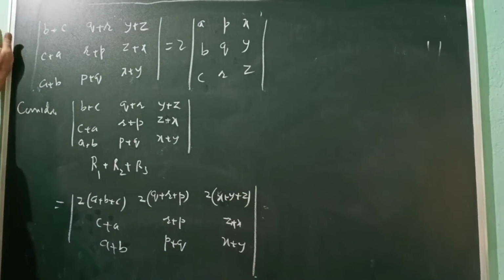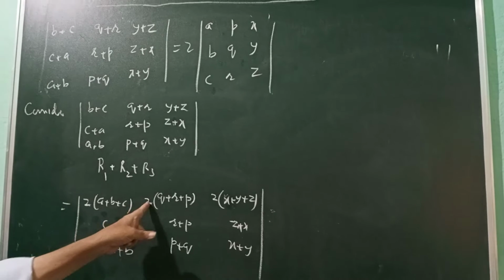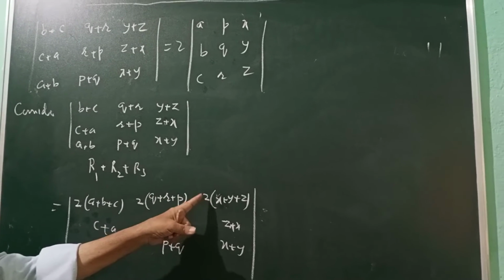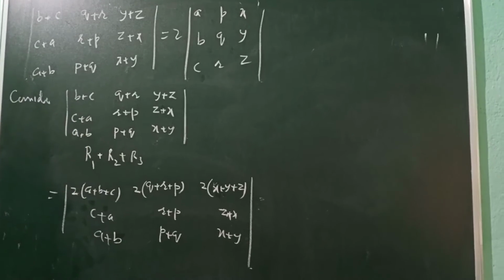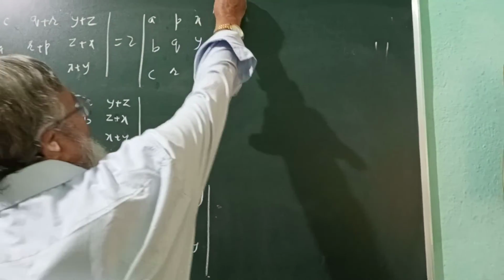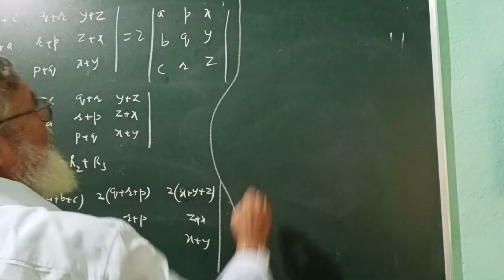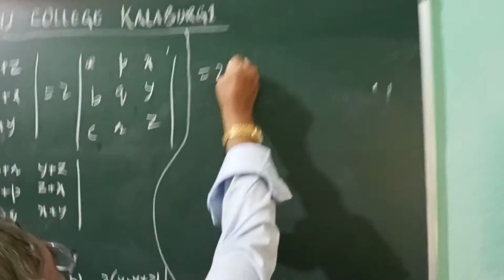Now by the property, if k is multiplied, here k is equal to 2, and 2 is multiplied to all elements of the first row, it can be taken common. So we take common the first row and take 2 outside.